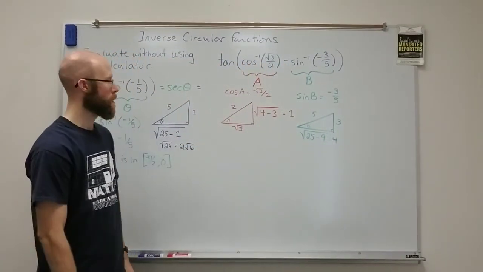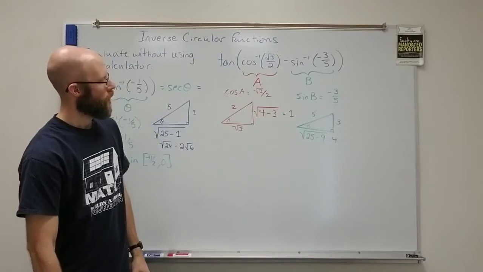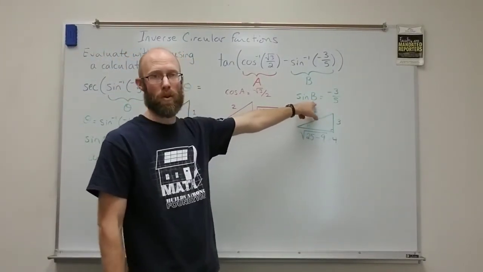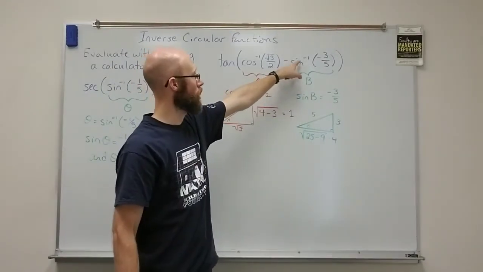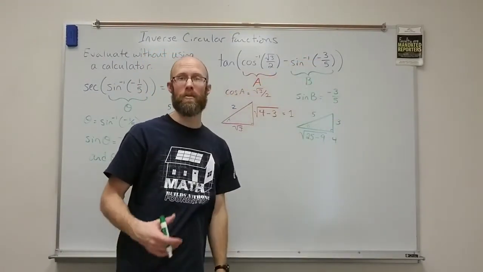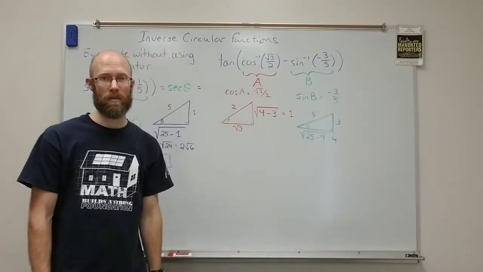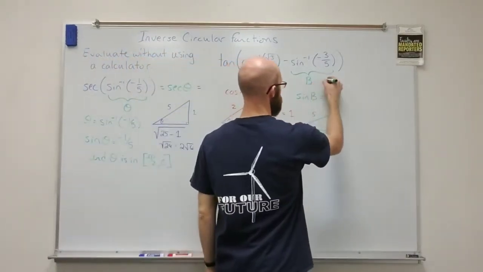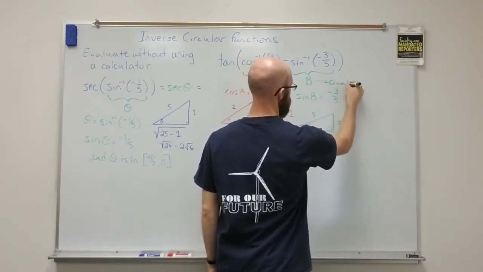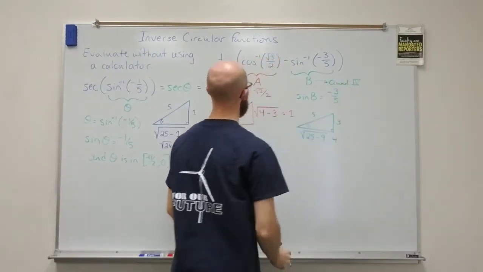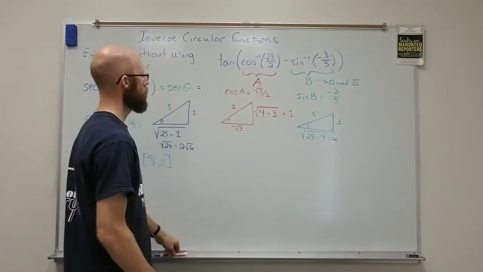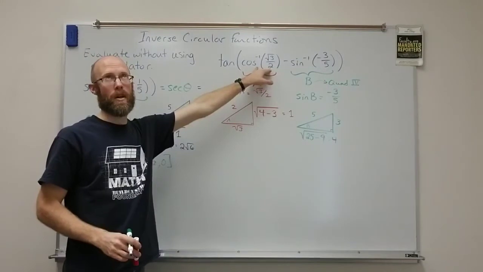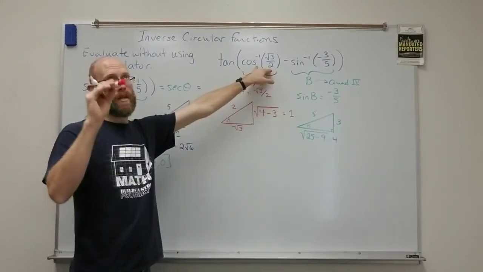That makes sense. Okay. All right, so now I also know that B has to be in the 4th quadrant because the inverse sine of a negative will be a negative angle in the 4th quadrant there. So B is in quadrant 4, and I also know that A, well, the inverse cosine of a positive value will be in the 1st quadrant.